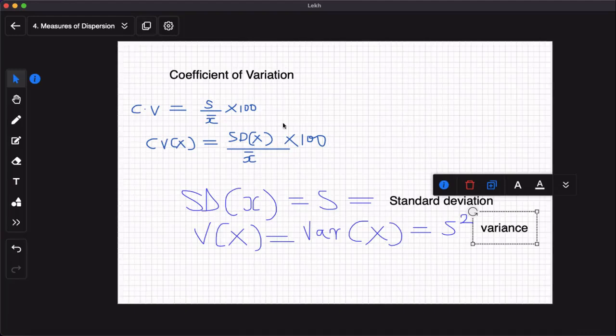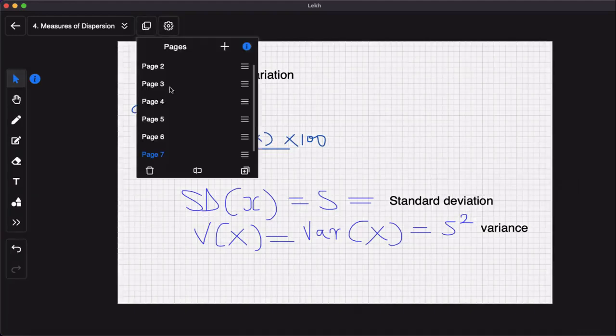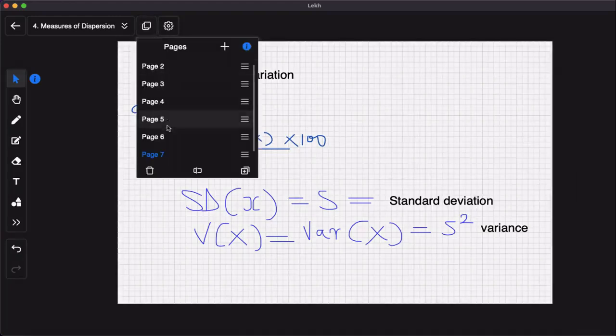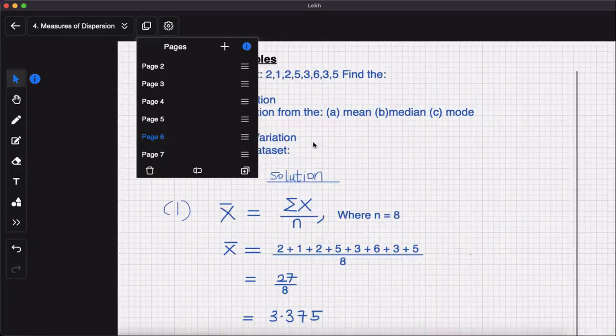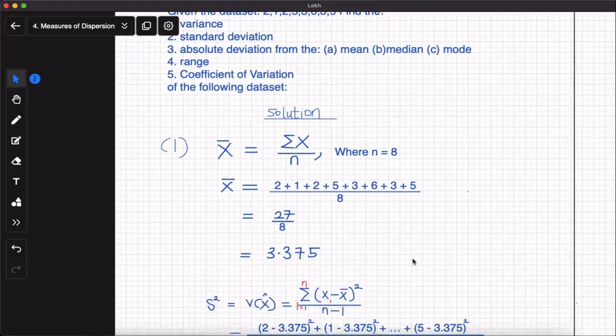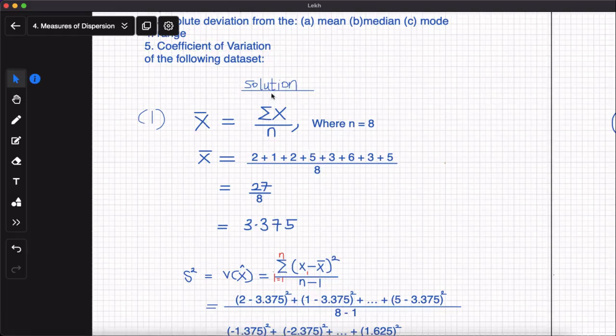Having known the definition for our coefficient of variation, we are set to look at the example. We are told to obtain the variance, standard deviation, absolute deviation from the mean, median, mode, the range, and the coefficient of variation. So our result follows. Let's look at the solution.